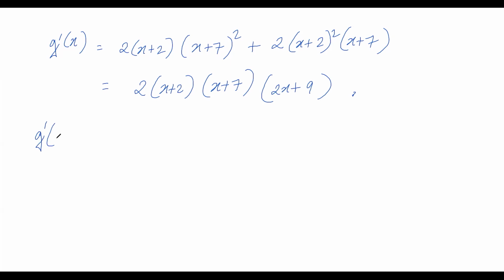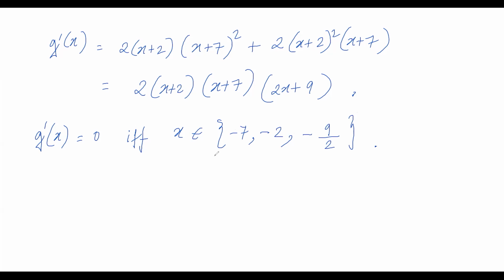And so g dash of x is equal to 0 if and only if x is one of these numbers, that is minus 7, minus 2 and minus 9 over 2.